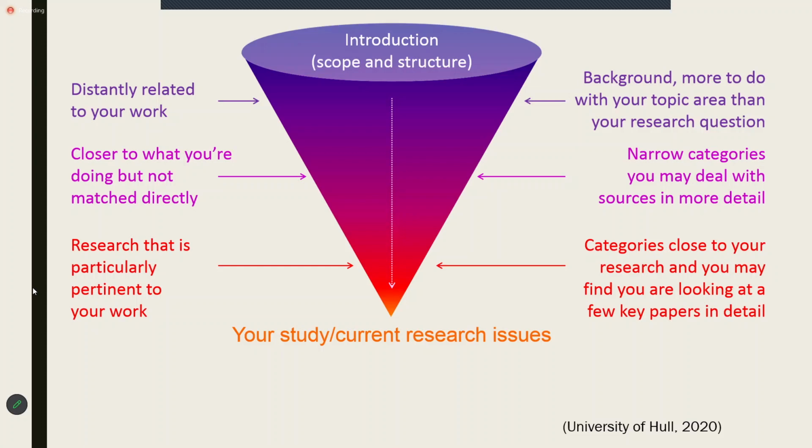Okay. So at the beginning, you might go through this distantly related work, right? And then once you read more, you will understand what you are very specifically looking at from this particular research, and then you will be able to narrow them down further, right?